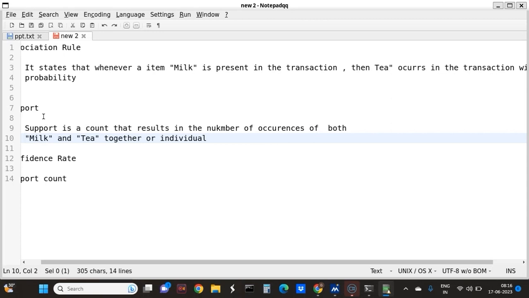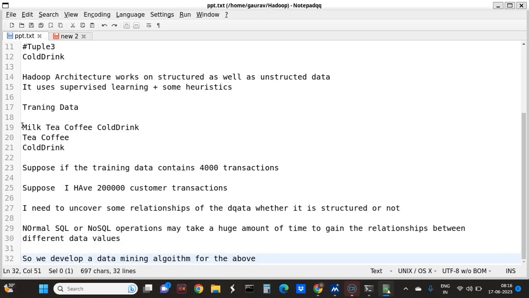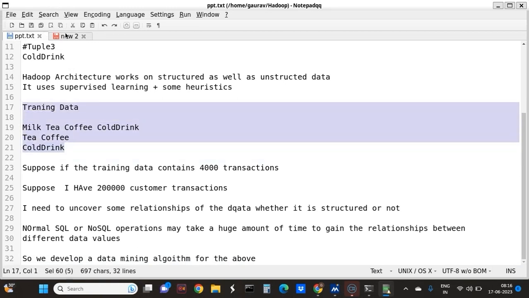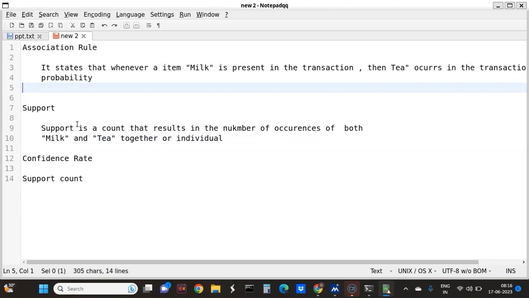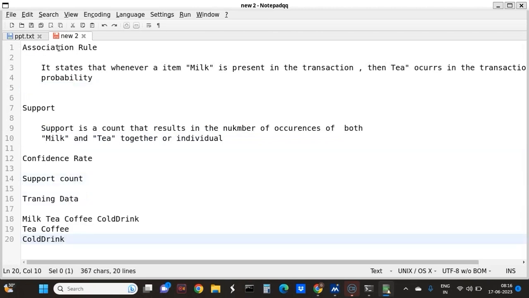Let us go to the training data. This is our training data. Here support is counted as the individual number of occurrences of milk and tea together.